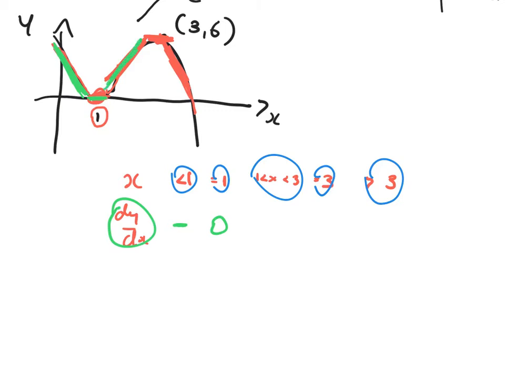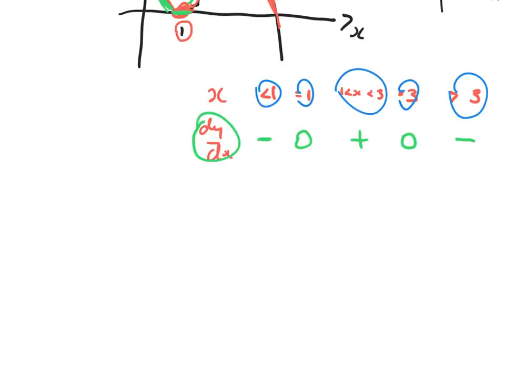Between 1 and 3, the curve is going up, so it's got positive gradient. At 3, it's going along again, so it's got 0 gradient. And then finally, after 3, the curve is going down, so it's got negative gradient. Okay, we're now going to put this into a sketch.